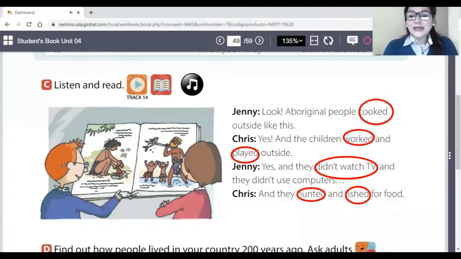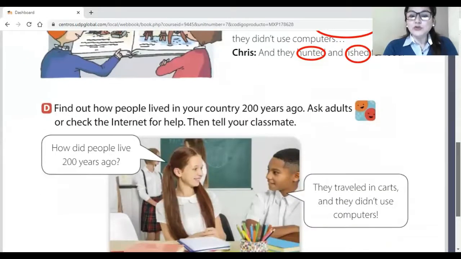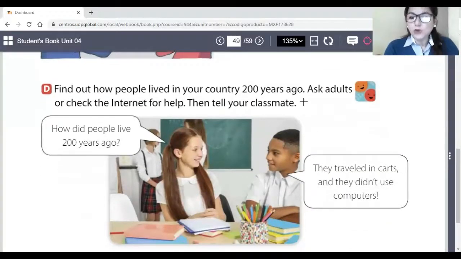Okay, now find out how people lived in your country 200 years ago. Ask adults or check the internet for help. Then tell your classmate. Okay, it's your turn to do this. Please, you have to research. Vas a investigar how people lived in your country 200 years ago.